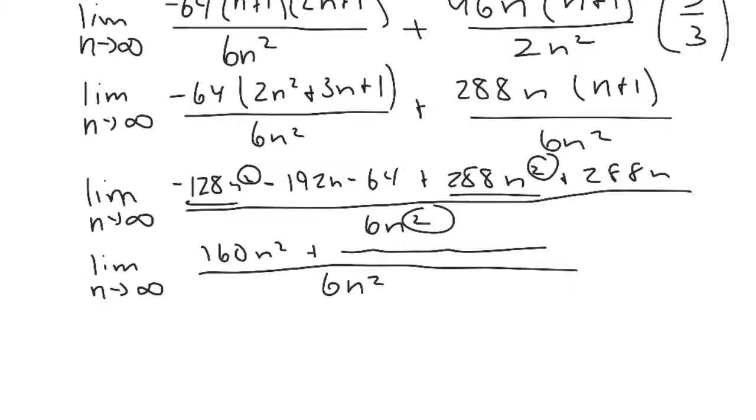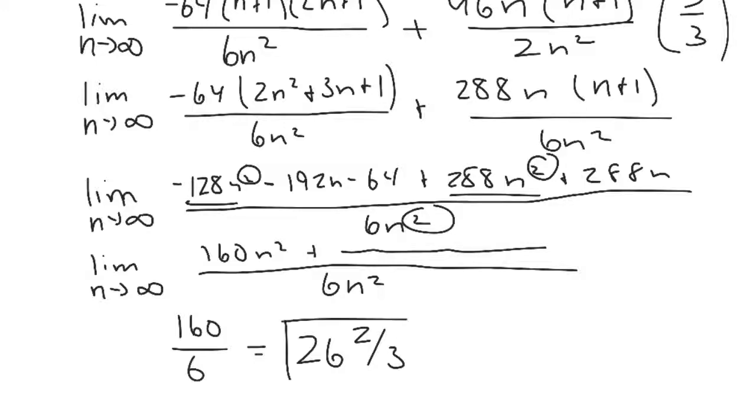And now I know that this equals 160 over 6, which equals 26 2/3. And there is the area under the curve between x equals 0 and x equals 4.